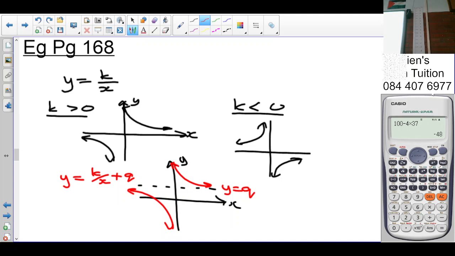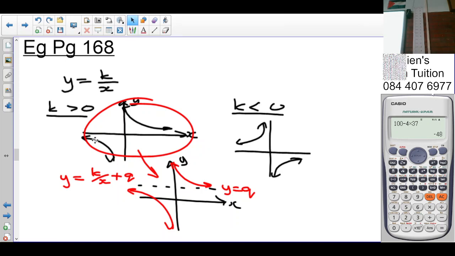So if you take this graph into account here, and you shift it q units up, I'll get this graph. However, the quadrants remain: quadrant 1 there, and this remains quadrant 3. But what I'm saying is the quadrants are not divided by the axes, they're actually divided by the asymptotes. Can you see that? So as the asymptote moves up, the graph also moves up. You understand? So that's what I'm trying to say. But you'll see now how it applies when we draw this graph.